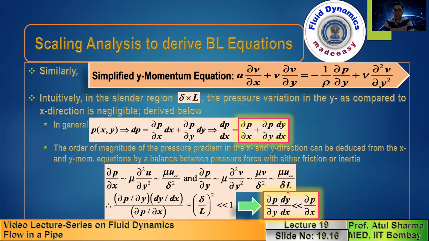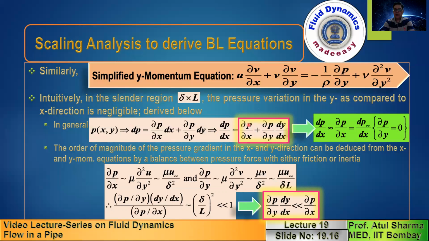You apply this condition and you find that the second term is negligible as compared to the first term. So from this you got del p by del x equals dp by dx, and so pressure is not varying in the y direction. So del p by del y becomes 0 with these conditions, and pressure is varying only in the x direction.